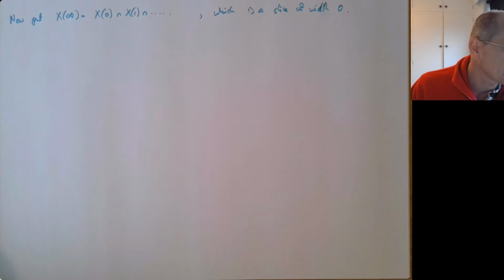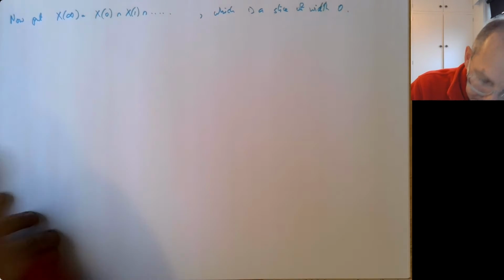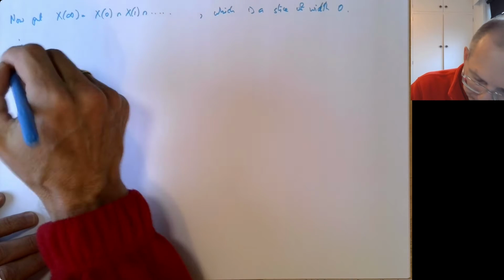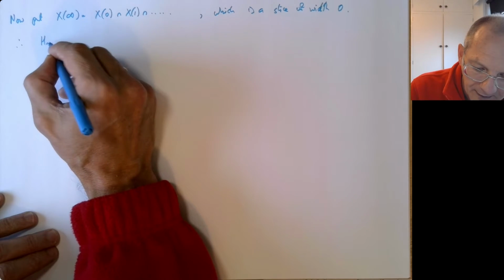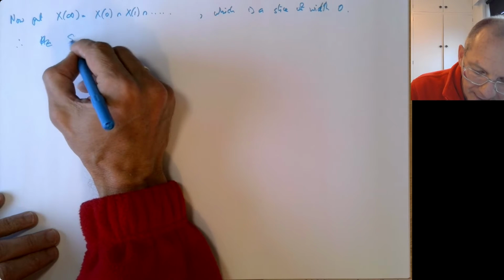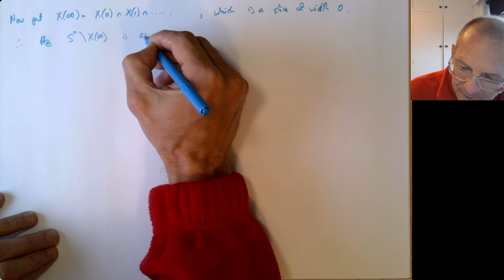And so if we take their intersection, then you're just going to end up with a single slice of width 0. So that means that S^n less X_infinity is acyclic.